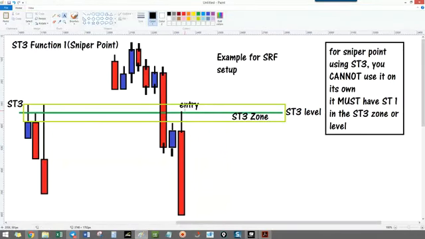Okay, entry over there, and you can have your shadow codes over here. Okay, this is ST1.